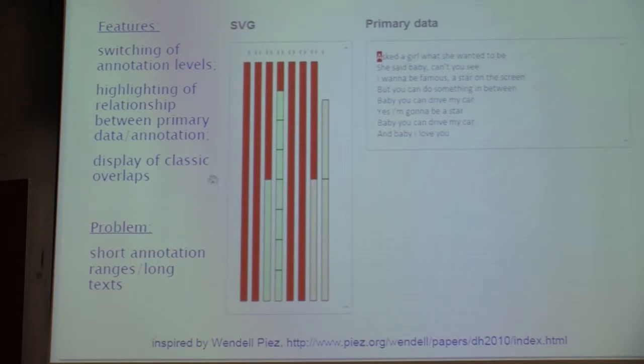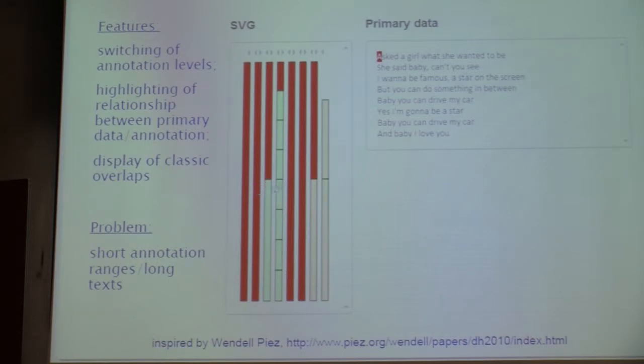Another feature is that classic overlaps can be displayed. For example, in this instance, there is, I don't see it now, but you will see later on if I give the online demo.